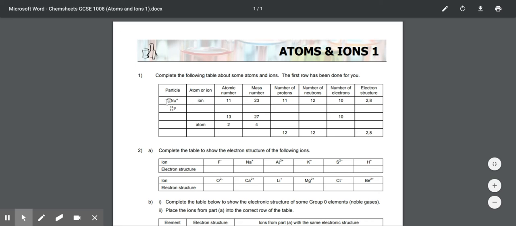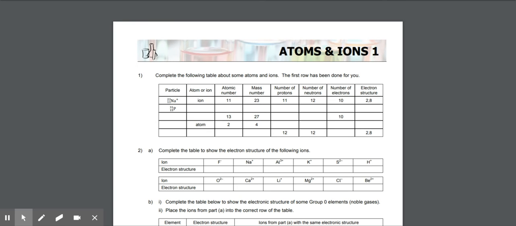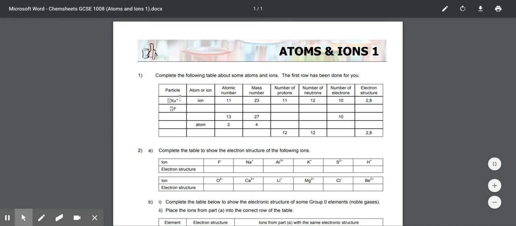Okay, so because this particle is a plus, because it's an ion, its electronic structure will be 2, 8. Okay, so we know that a full configuration of a full atom would be 2, 8, 8. So obviously, because this has a full shell at the end, because it's an ion, it has lost an electron to become this ion.